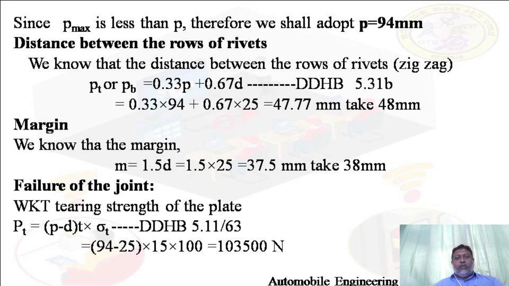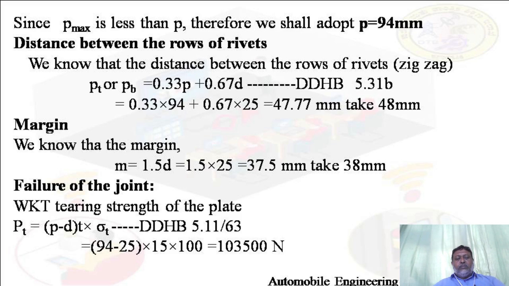When you put in the values of the adopted pitch 94 and diameter 25, the value is 48 mm, transverse pitch or back pitch. Then you calculate the margin, M is 1.5d, 1.5 into 25, that is 37.5 mm, and we take it as 38 mm.